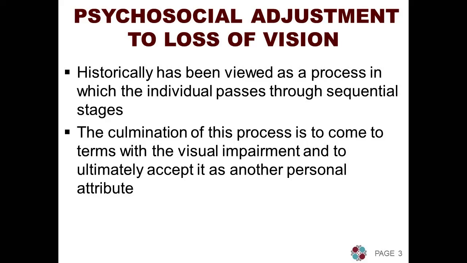So I was familiar with a client years ago named Brad. And Brad used to be a real estate banker. He was incredibly successful. He had an eye condition that took his peripheral vision first and left his central vision intact.